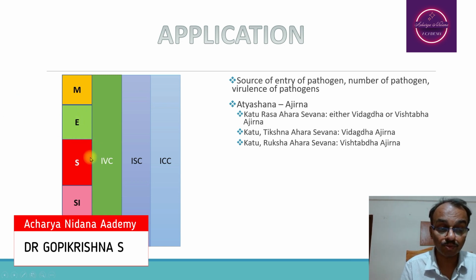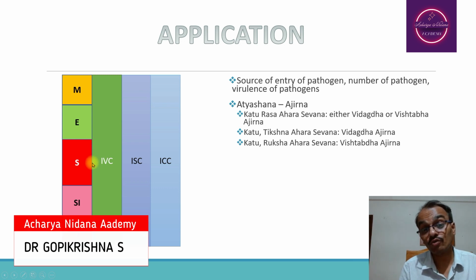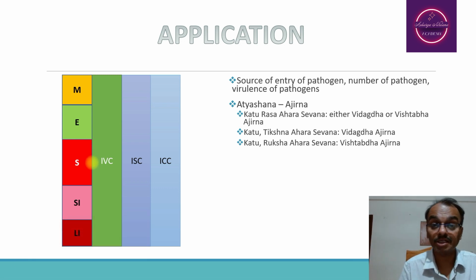Suppose the person is consuming more Madhura Rasa substances, that may be responsible for Kapha dominant Ajirna, which could be Amajirna. Suppose the person is consuming more Katu Rasa substances, that is responsible for either Vidagdha Ajirna or Vishtabdha Ajirna.